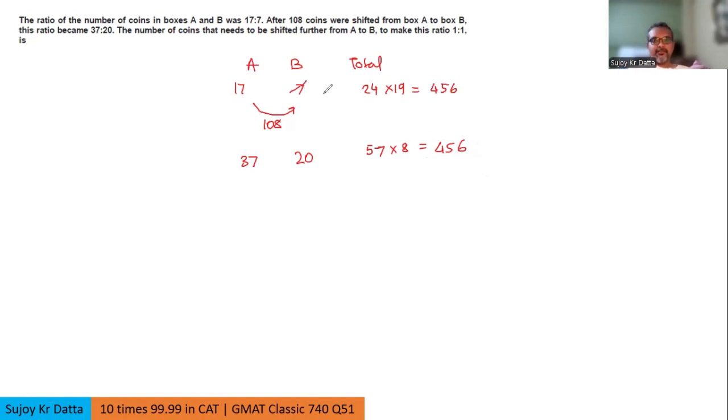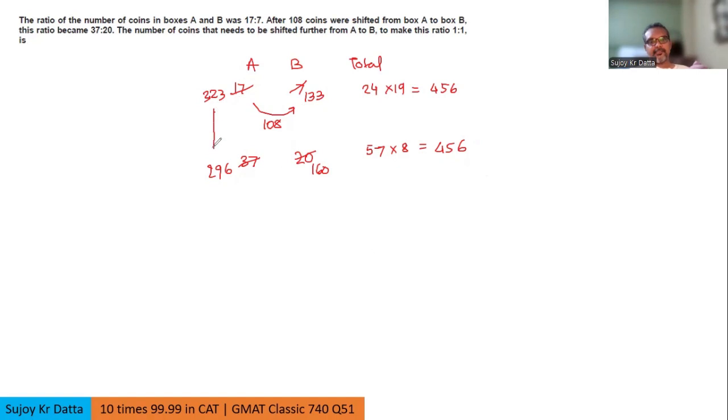Then 19 sevens are 133, and 19 17s are 323. Here we'll multiply by 8, so this will become 160, and this would now become 296. Okay, so that's what it is.